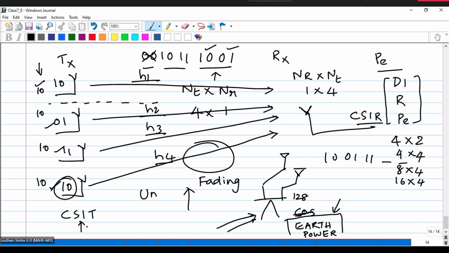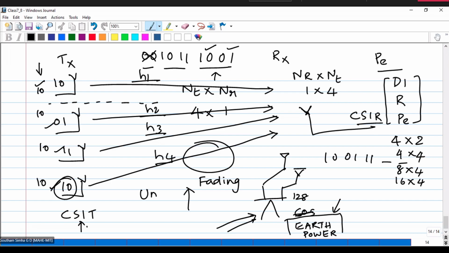CSIR is easy, but CSIT is difficult. Why? Because you have many antennas, not 4. It is not restricted. It is 16x4, 32x4, somewhere around 128x4, something like that.